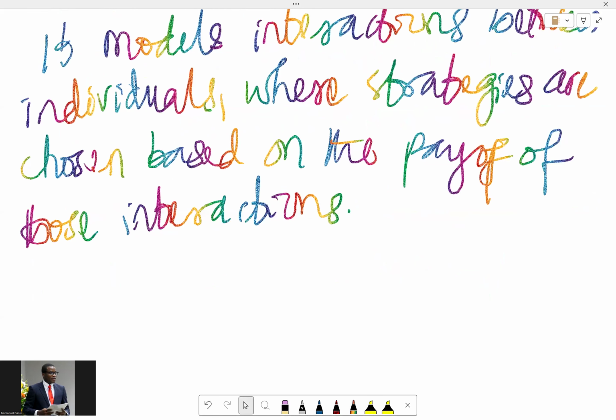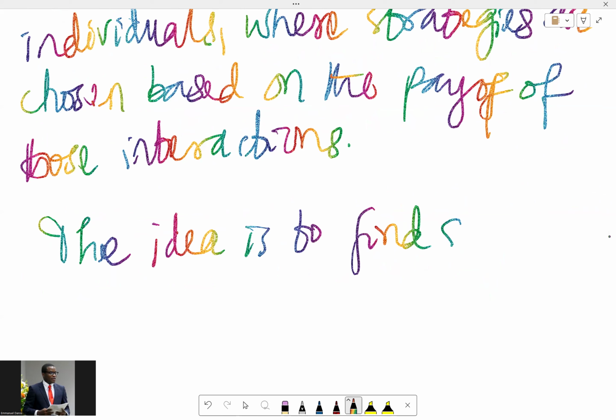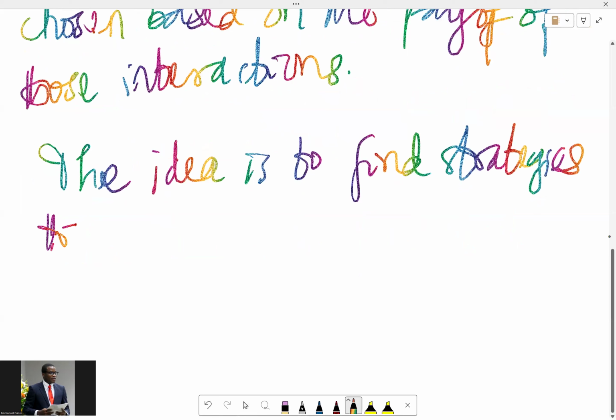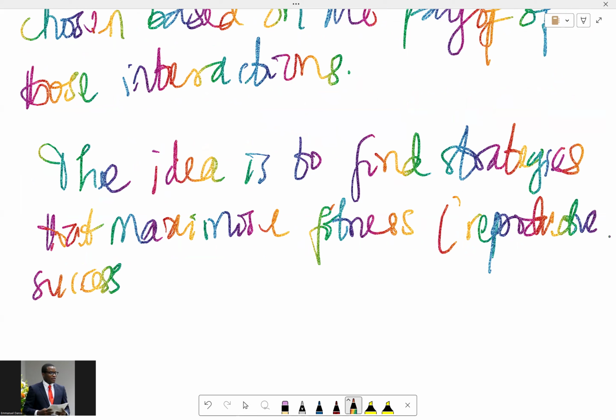The idea is to find strategies that maximize fitness, where fitness means reproductive success in an evolutionary context.